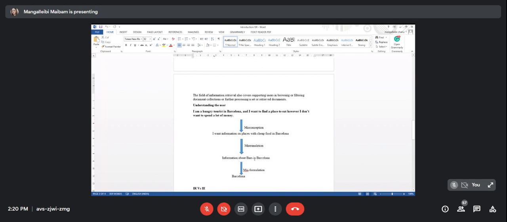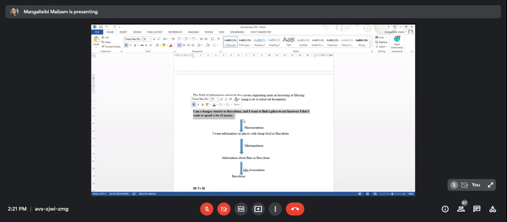Okay, so if you represent this statement wrongly, then it is misformulation. So Barcelona, this is the final information retrieved. But the actual statement given by the user is this one: I am a hungry tourist in Barcelona and I want to find a place to eat.